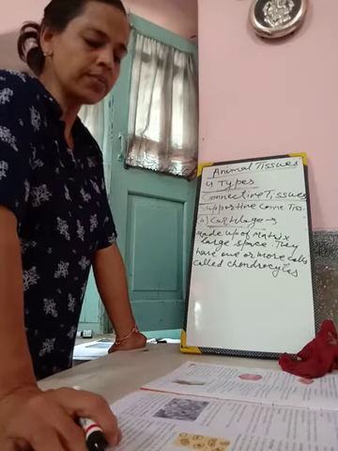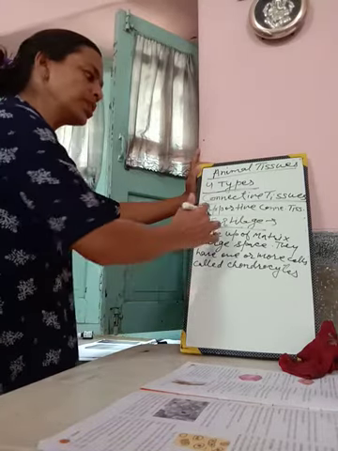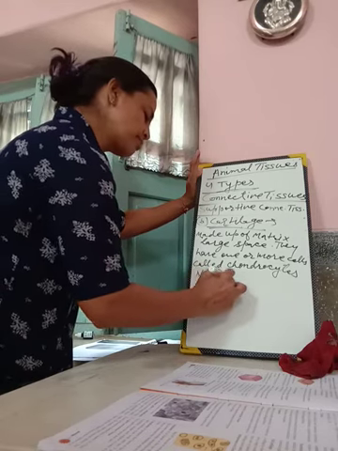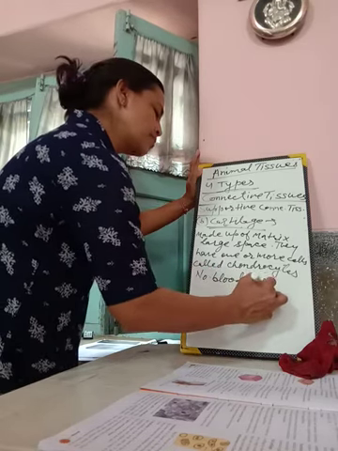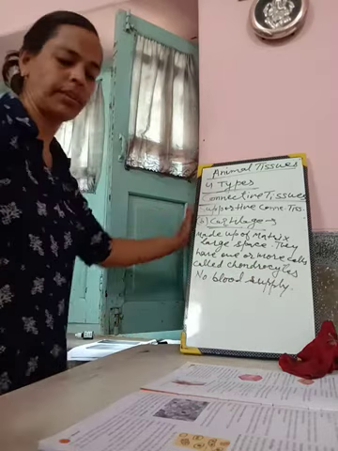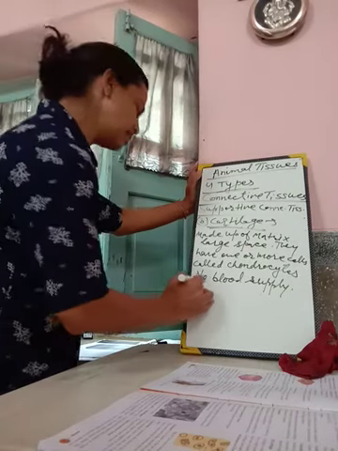Cartilage does not have a blood supply. There is no blood circulation in it. It is non-porous and flexible in nature.